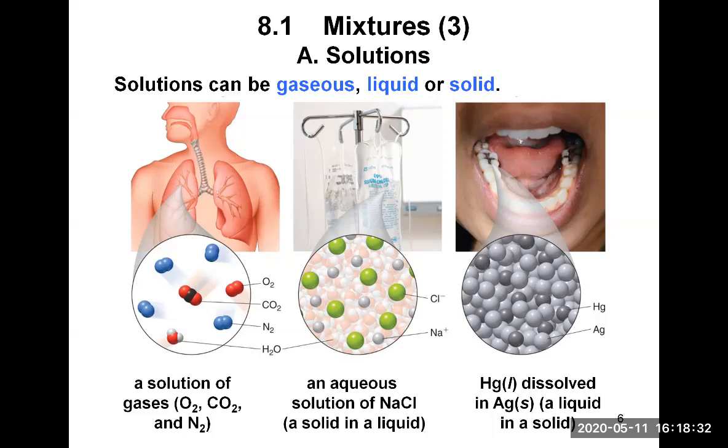But they are all colorless, odorless gases. And so to us, it looks like one gas that is not even really visible. That's why it's a solution, because it's a homogeneous mixture of gases that looks like just one gas. You cannot tell there is more than one gas in air.